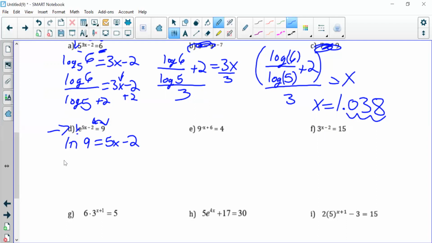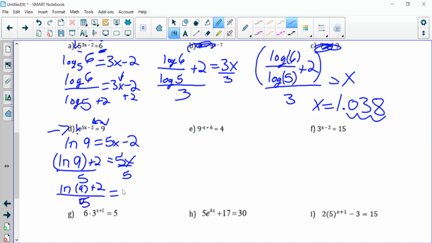Because I have a natural log button on my calculator, I can say the natural log of 9, remember this, plus 2 equals 5x. Divide both sides by 5. So the natural log of 9 plus 2, divided by 5, equals x.